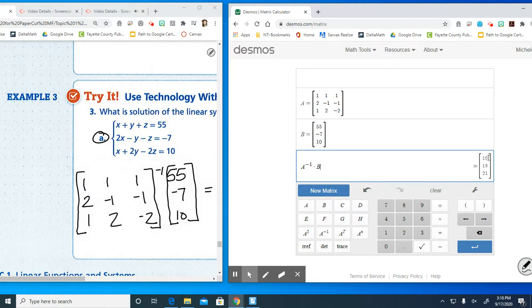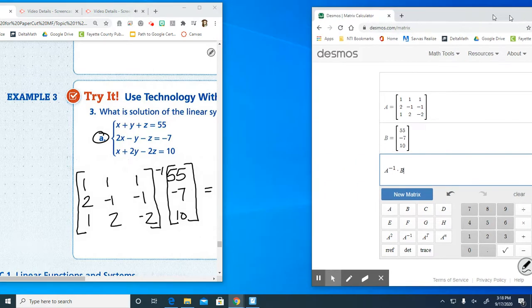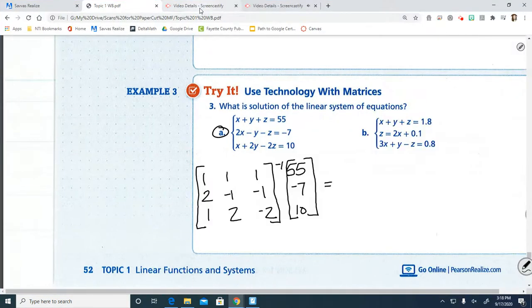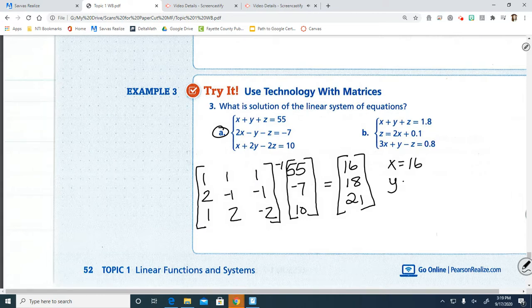And it gives me answers 16, 18, 21. So that means x equals 16, y equals 18, z equals 21.